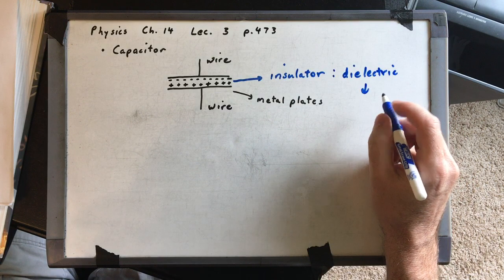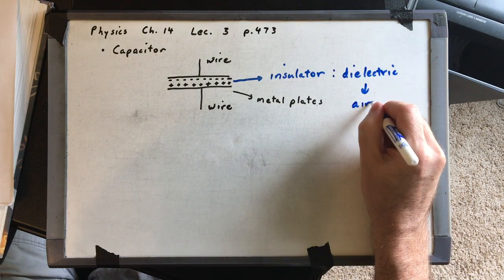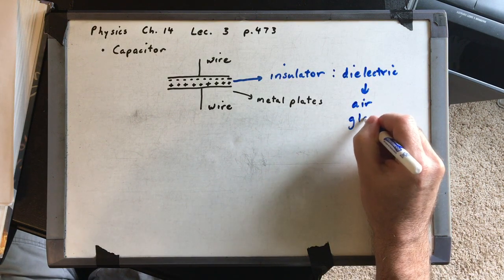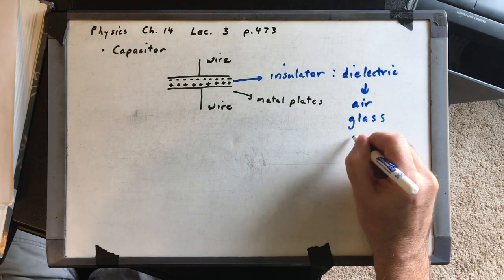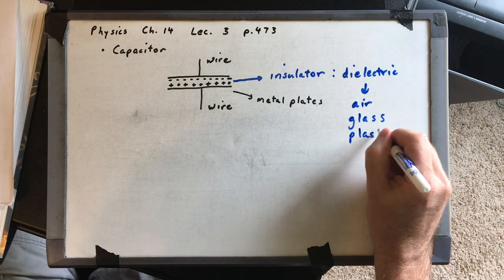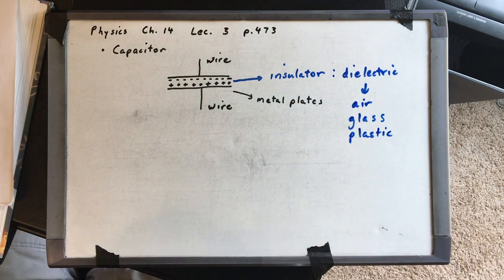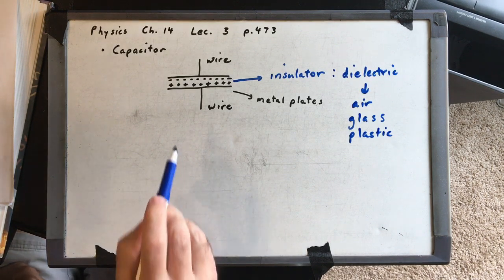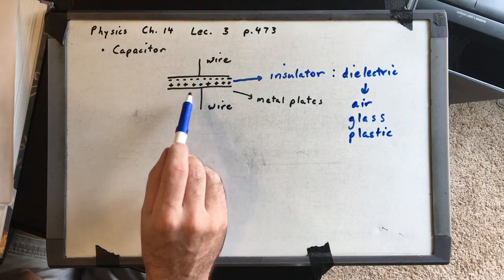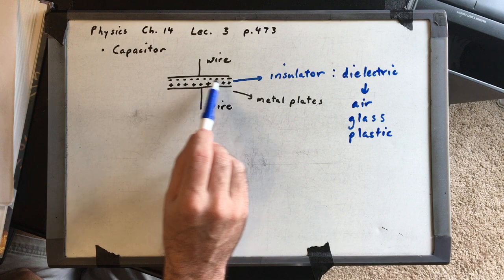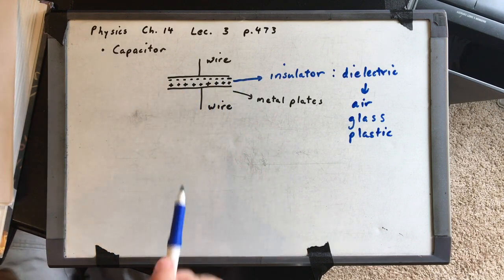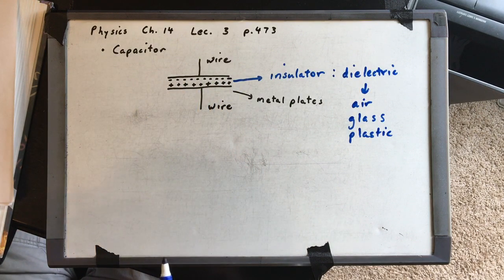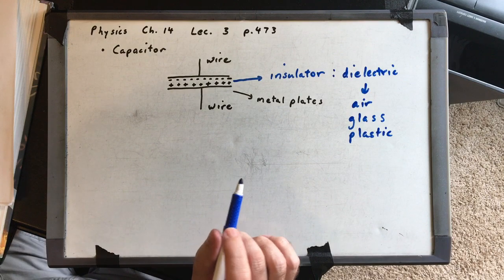And it can be air. It can be glass. It can be plastic. It just depends, okay? But the charge can't flow, but there's a lot of surface area for the charge to reside while it's waiting to flow.